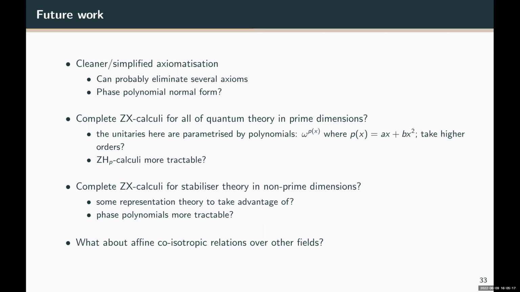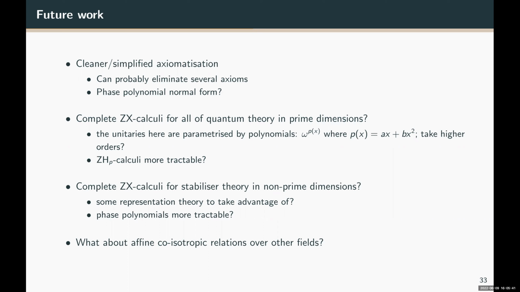As for non-prime dimensions, there's possibly reason to be more optimistic. There is some group or representation theory of the Clifford group in non-prime dimensions which we might take advantage of, but it is considerably more complicated and less clean than the qubit case, the prime dimensional case.